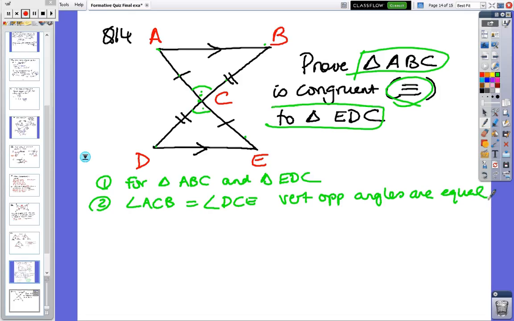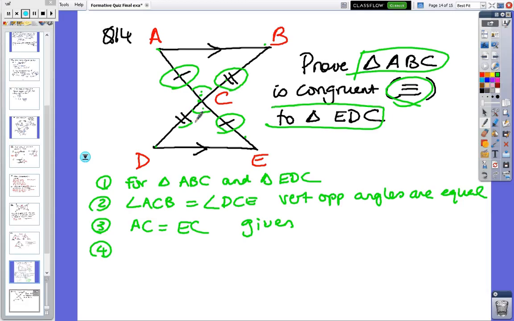So we've got the A done. Side, we've got AC equals EC, and why are they equal? They gave it to you, so it's given. Next one, BC equals DC, and the reason is given.